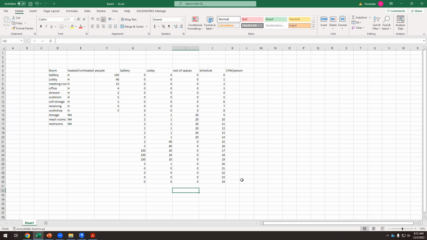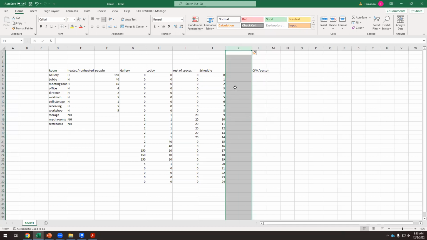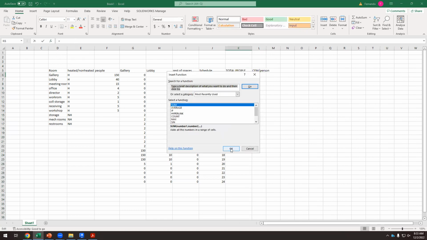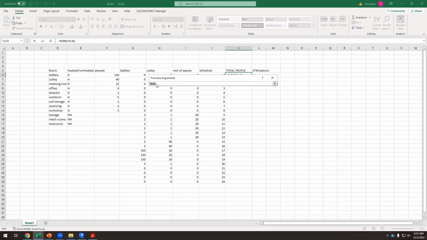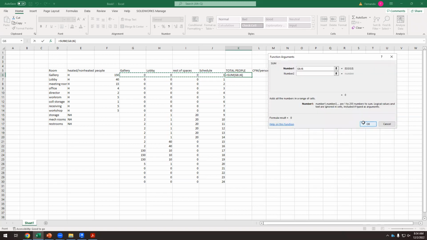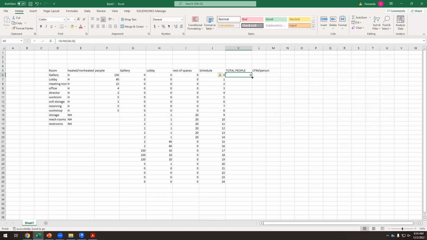Okay. So I'm going to assume this, and then I'm going to add all these. So total people, I'm going to add and use sum. All this. And then I'm going to drag this down.